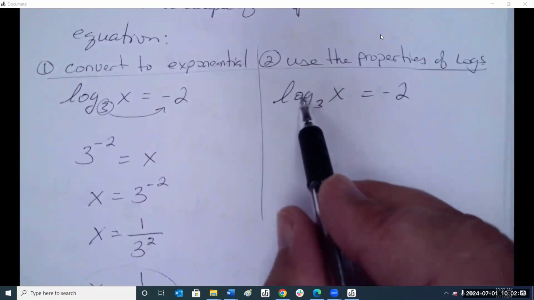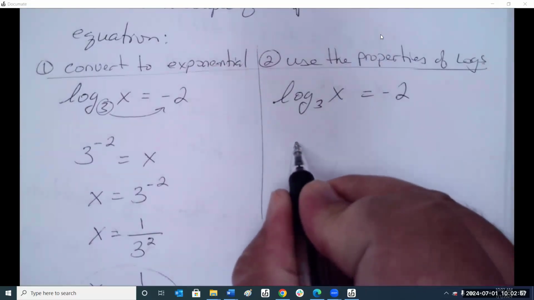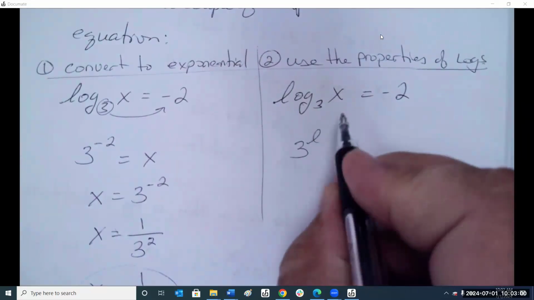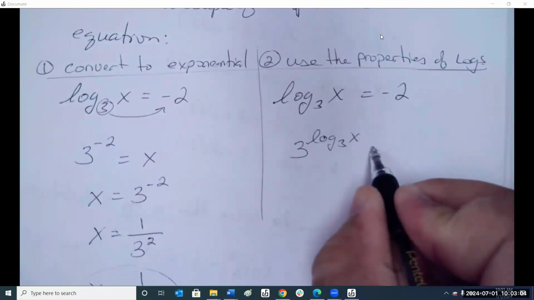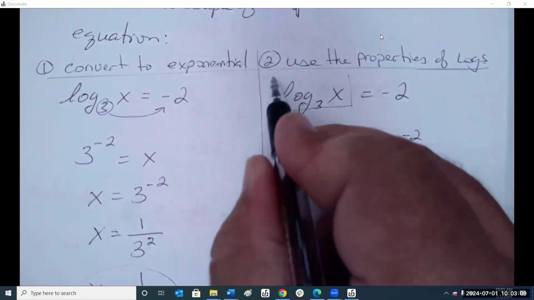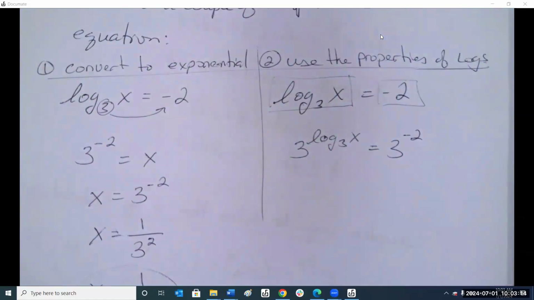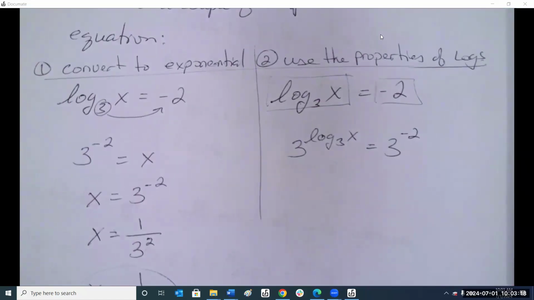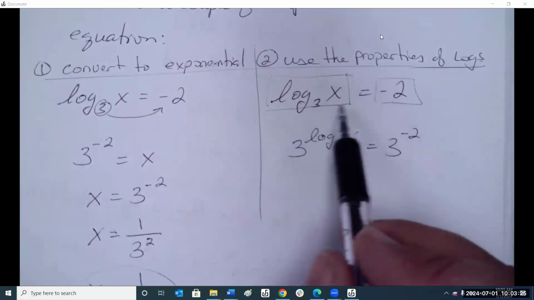Since the left side is log base 3 of x, if I make the base of both sides 3 and make both of these exponents, then this uses the property of logarithmic equality.